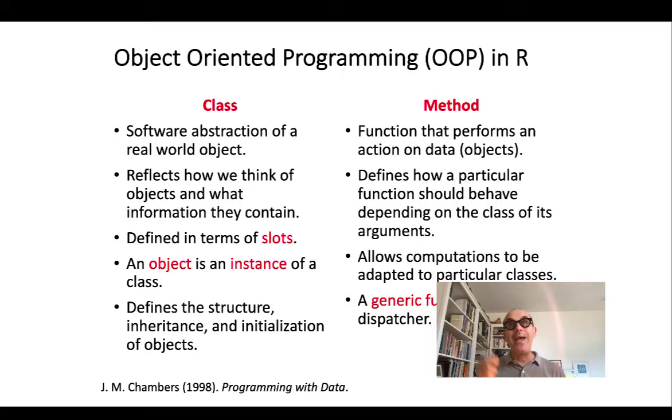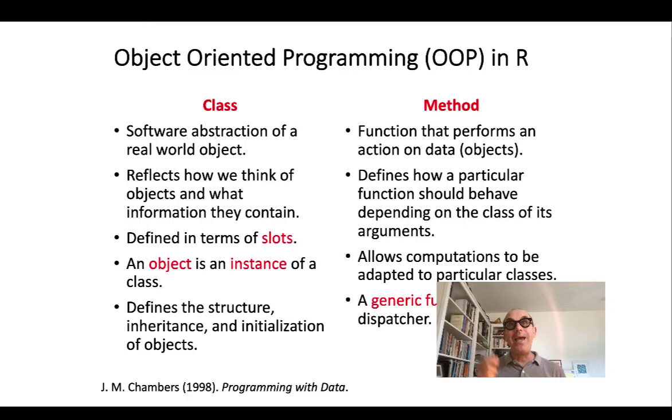A method is a function that performs an action on data that can be an object. The class reflects how we think about the object and what information it contains, and the method defines how a particular function should behave depending on the class and its argument.